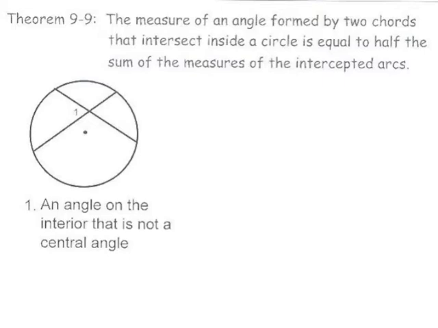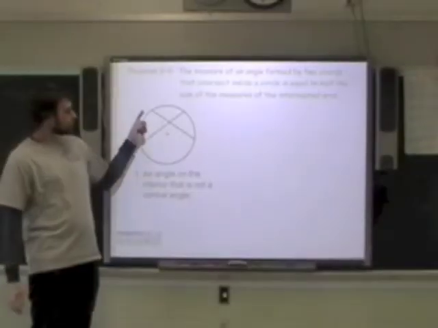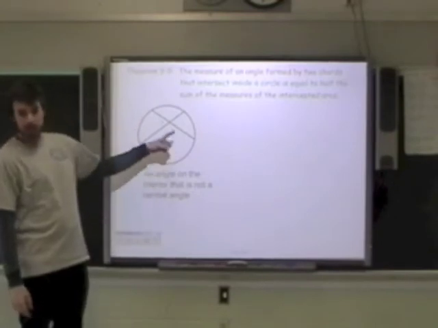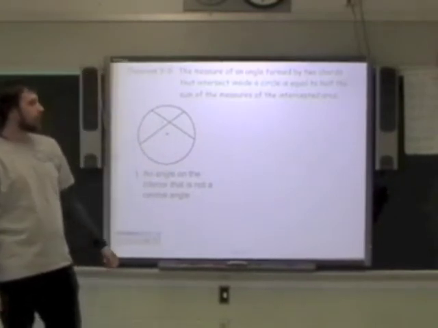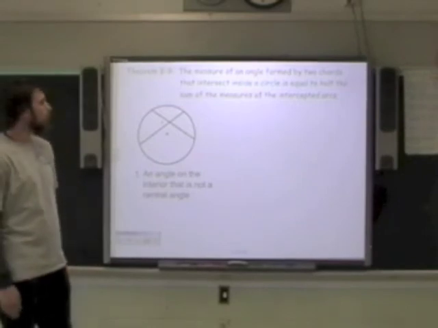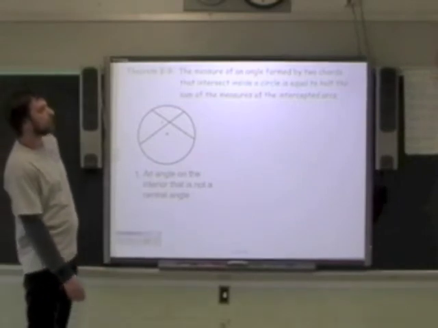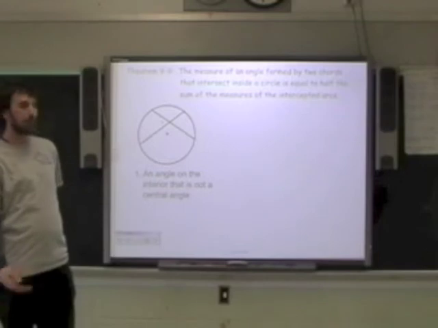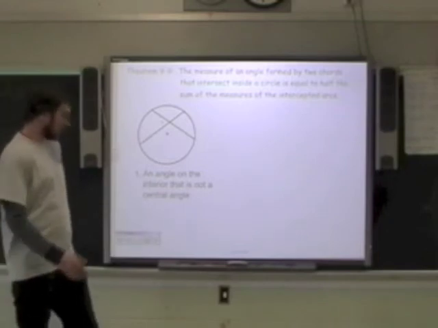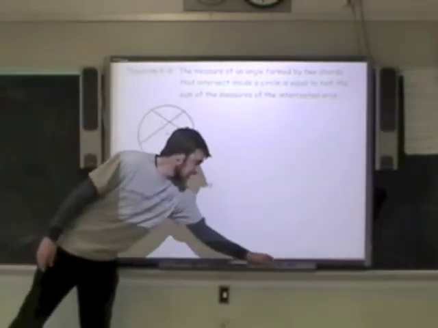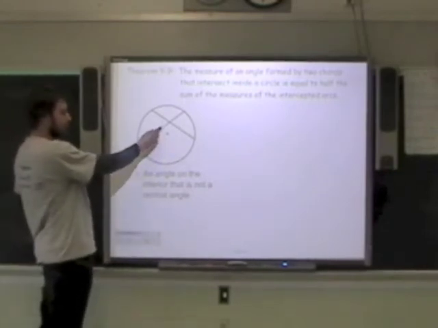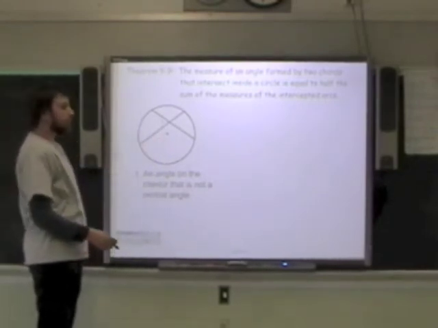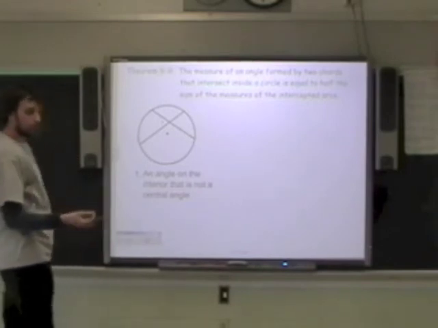First, when we have an angle on the interior of a circle, but it is not a central angle, the theorem says that the measure of the angle formed by two chords that intersect inside a circle is equal to half of the sum of the measures of the intersected arcs. In other words, if we want to find the measure of this angle, we need to identify a few extra parts.